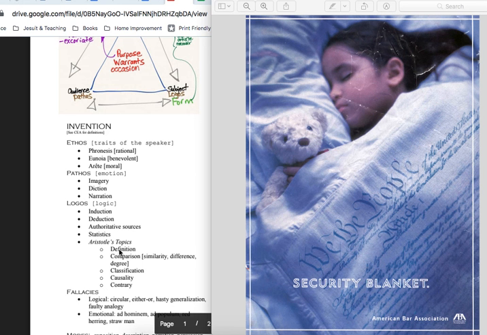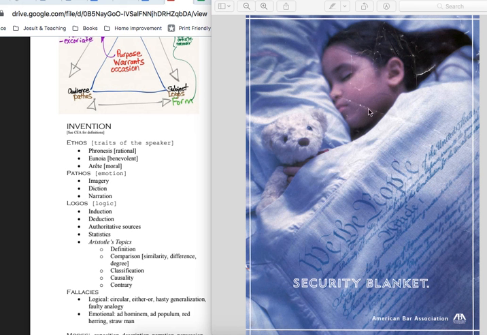So we very much have an appeal to logic of definition here. We're also doing a little bit of comparison, comparing the image of a blanket to the Constitution. So our logic is comparison here. We're not doing any classification, and not too much causality or contrary.